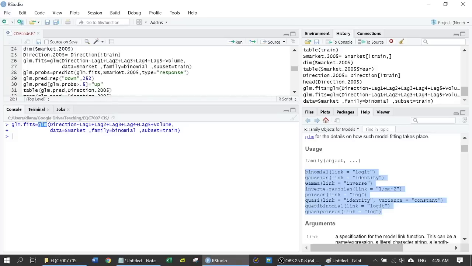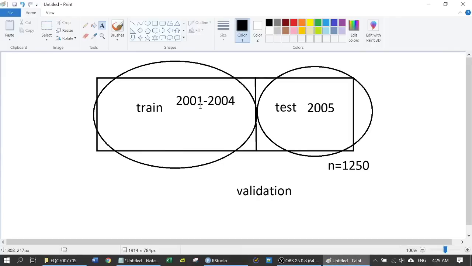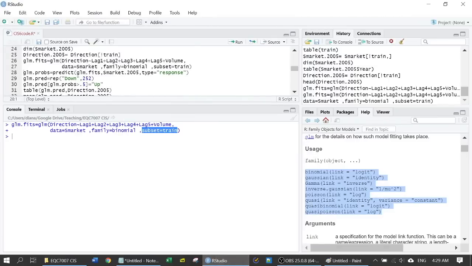Using the glm function on Direction, regressed against Lag1 to Lag5 and Volume, the data is SMarket and the family is binomial. But now we have a subset. Basically what it means here is that we built this model based on the training data set. Remember that train is true if the year is between 2001 and 2004, right? So we just built this model based on these training data sets, and we store it in glm.fits.